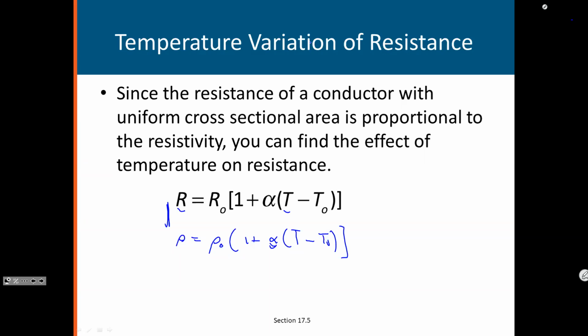With a uniform cross-sectional area and given length of a resistor, we can also write this equation for resistors, not just resistivity. You know the difference between resistance and resistivity, right? Resistance is going to depend on the length and cross-section of a given material, but the resistivity is constant for a given kind of material.